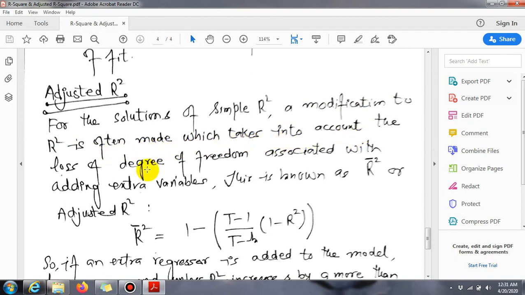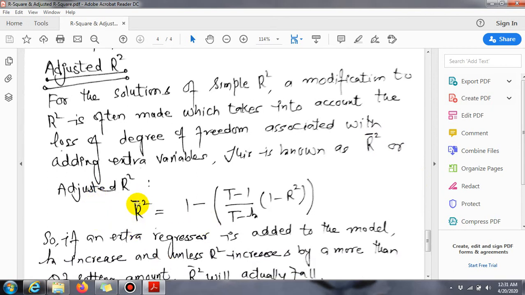Okay, as a solution to simple R square, a modification to R square is often made which takes into account the loss of degrees of freedom associated with adding extra variables. This is known as R square hat, or you can call it adjusted R square. The formula for the adjusted R square hat is equal to 1 minus (T minus 1) divided by (T minus k) times (1 minus R square).